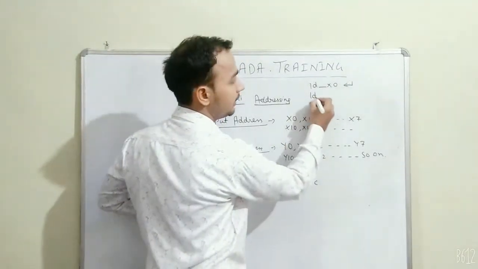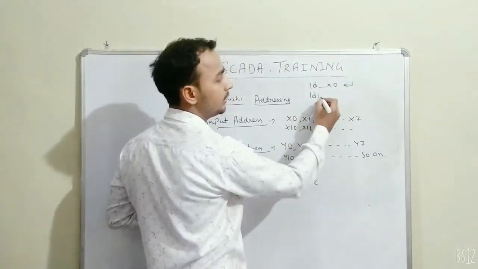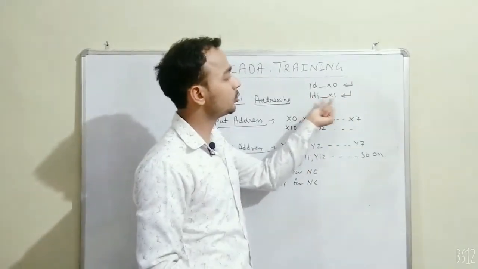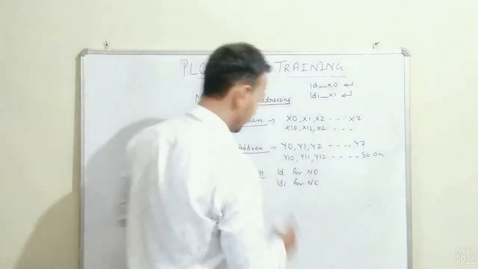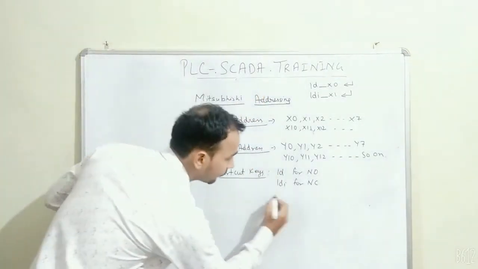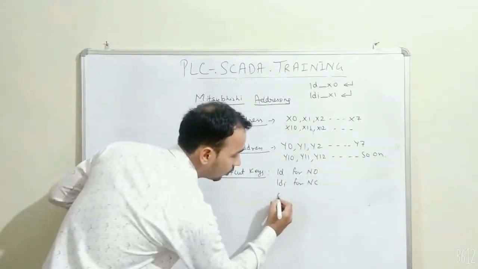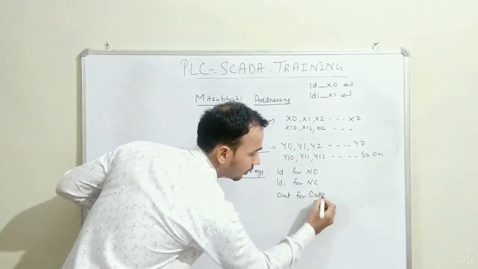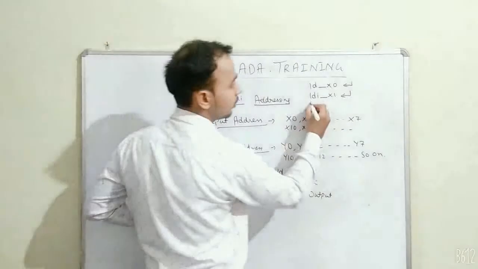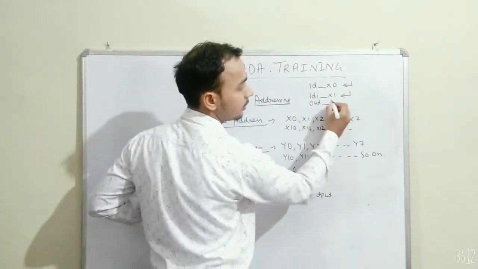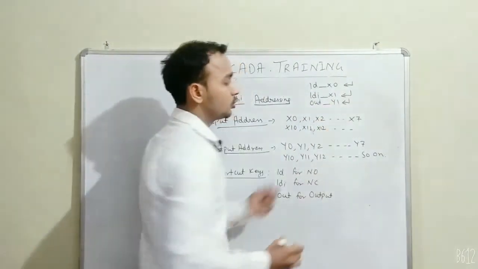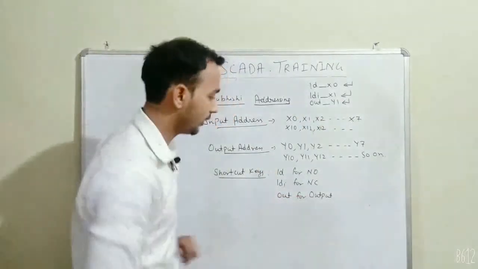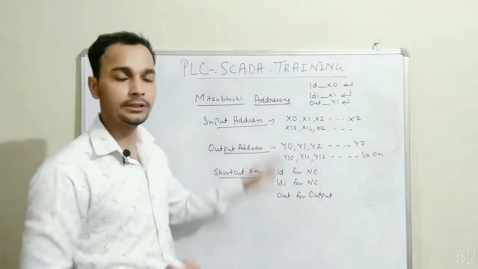If we type LDI space X1 and enter, you will get the NC switch of X1. Similarly, for output, OUT: you will type OUT space Y1, enter, and you will get the output coil of Y1. I hope it's clear.